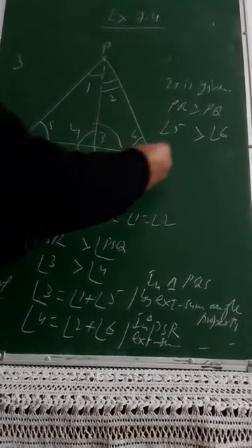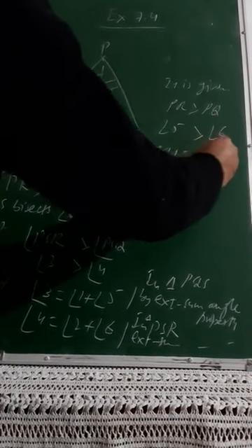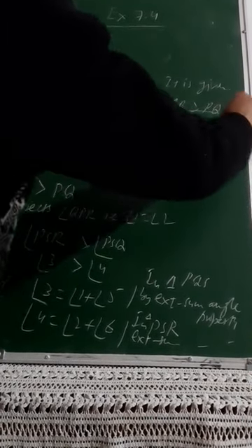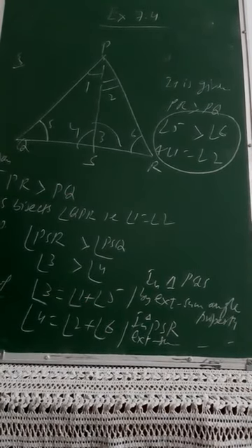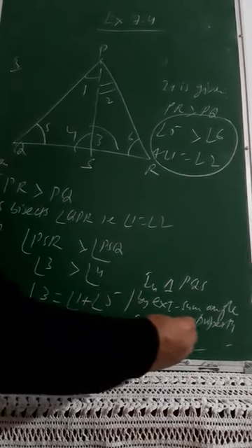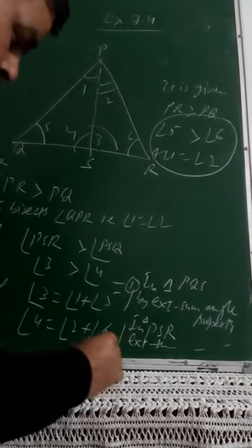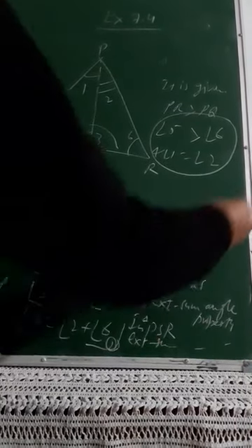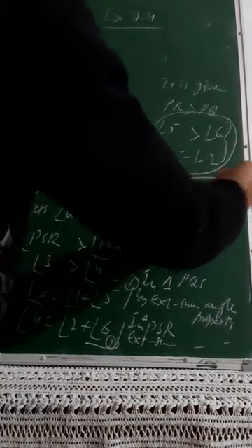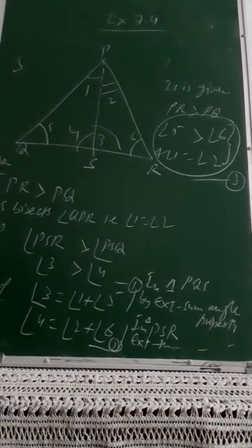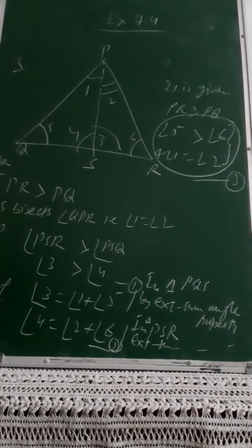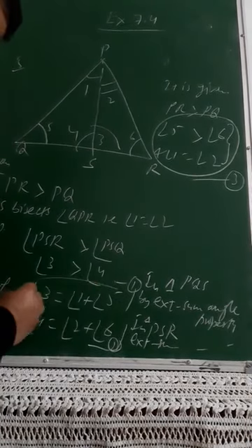Now, angle 1 is equal to angle 2. Please keep a watch upon this. Here you are saying 3 is equal to 1 plus 5. So give it number 1, give it number 2, and this you can club as number 3, and study these 3 cases now.